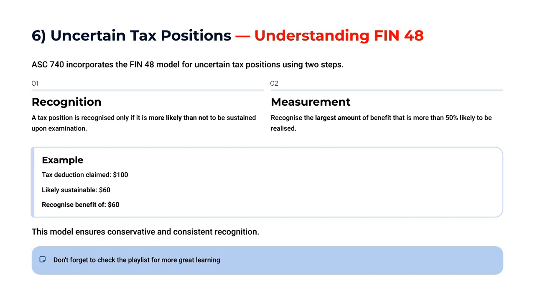Step 2, Measurement. Recognize the largest amount of benefit that is more than 50% likely to be realized. Example: tax deduction claimed, $100, likely sustainable, $60. Recognize benefit of $60. This model ensures conservative and consistent recognition.